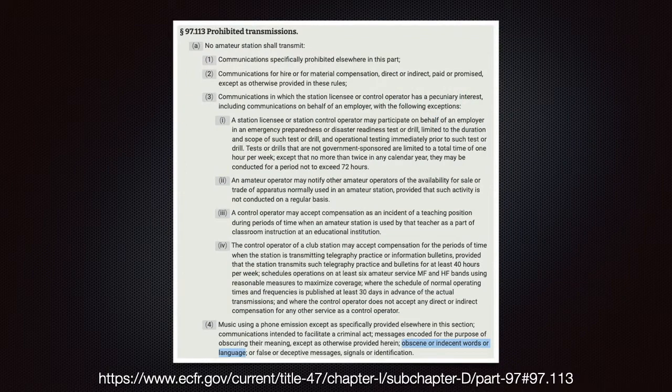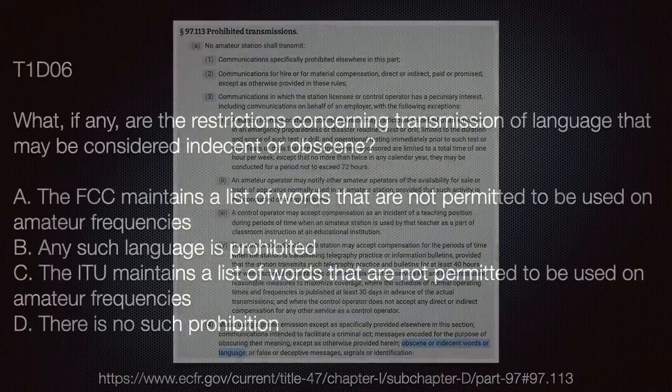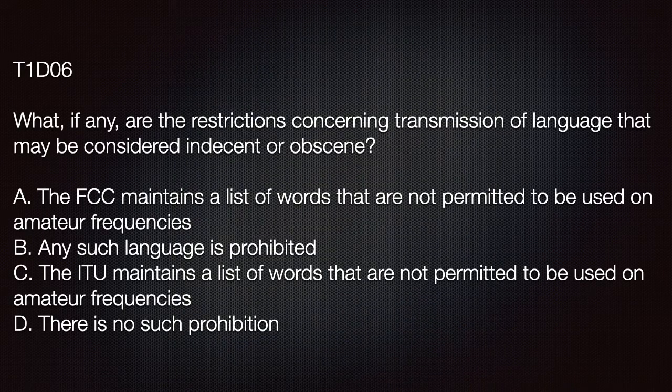Our answer comes from Part 97.113, Prohibited Transmissions. Surprise! There it spells out that obscene or indecent words or language are prohibited. On the exam, the question may appear in this manner.